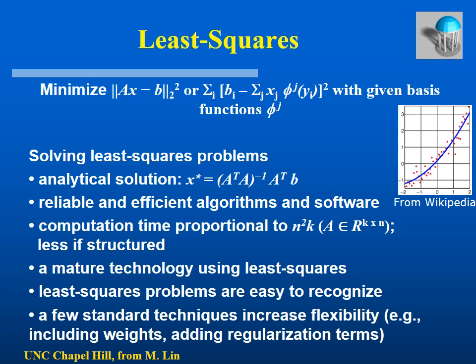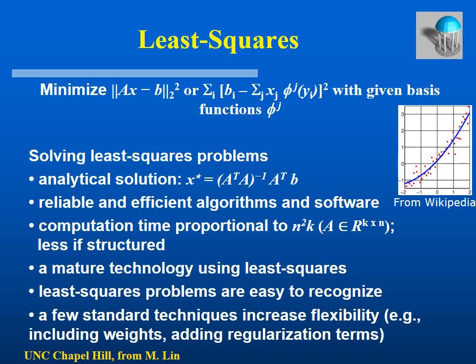So these phi j of y functions are these basis functions. In our example, we have 3 of them, and phi sub 1 is 1, and phi sub 2 is y, and phi sub 3 is y squared. And the coefficients, what we called a, b, c, are now the things we're optimizing over. So those are our x sub j's.